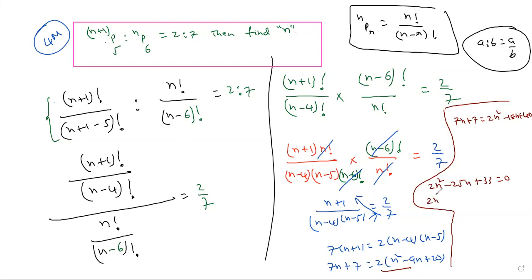You can write it as 2n square minus 22n minus 3n plus 33. 2n out, n minus 11. Minus 3 out, n minus 11. N minus 11 into 2n minus 3 equals 0. N equal to 11. N equal to 3 by 2.